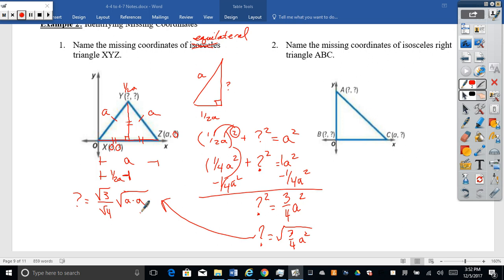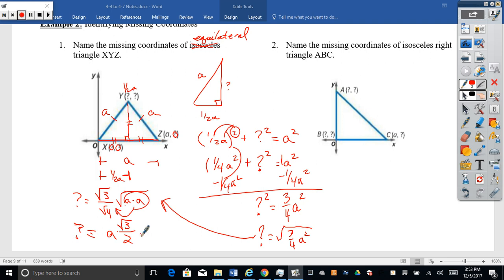Now we've talked about this one earlier this year. If we simplify that, that just becomes an a. Question mark, okay? What's the square root of 4? Well, that just becomes 2. And so you could leave it like this, but it's a little bit confusing written like that.